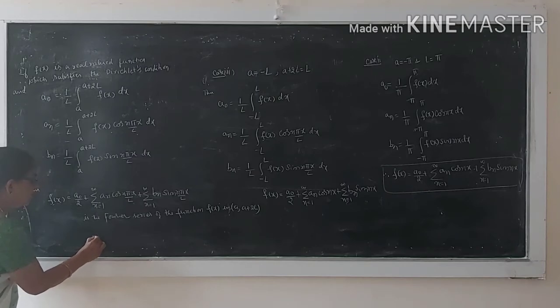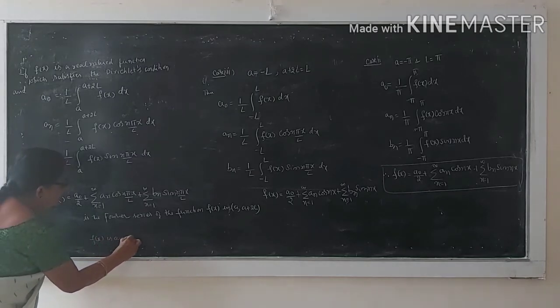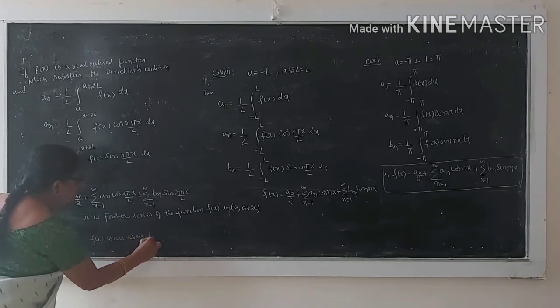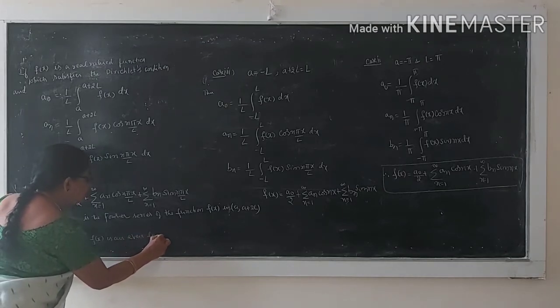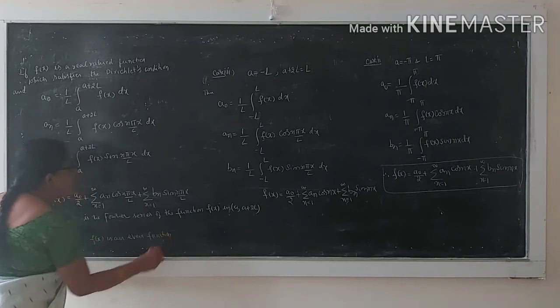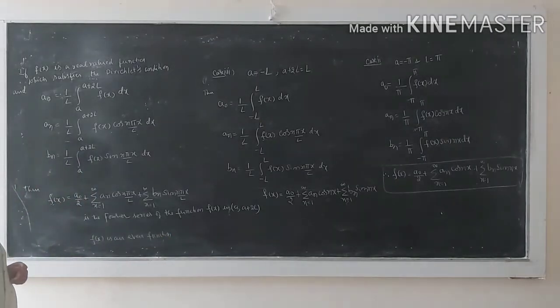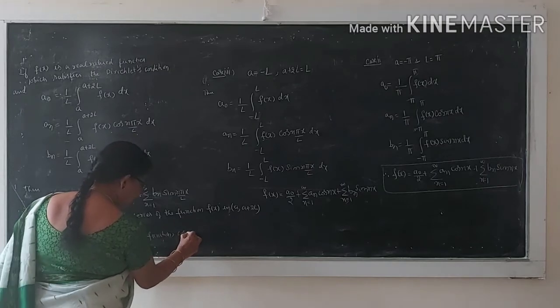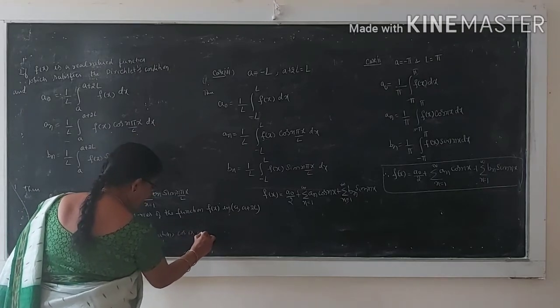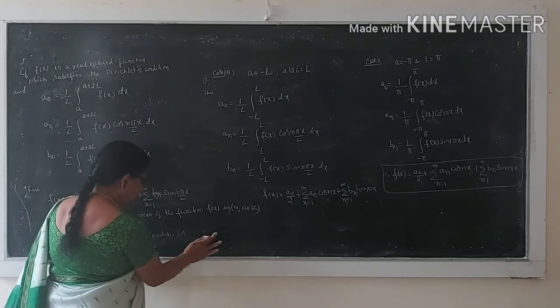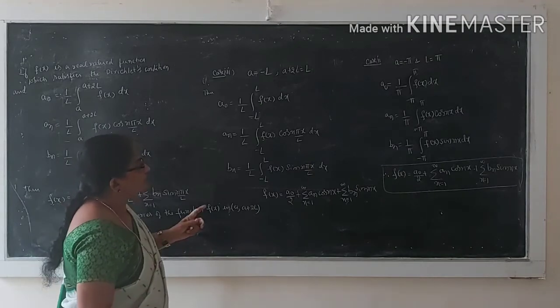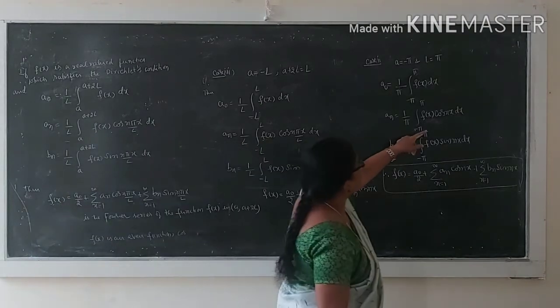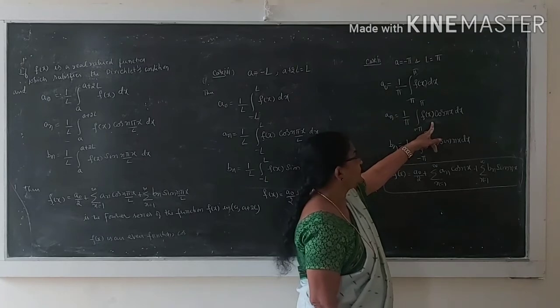If I use this fact, if f(x) is an even function, we know that the cos function is also even. If I consider this case, cos nx is also even.